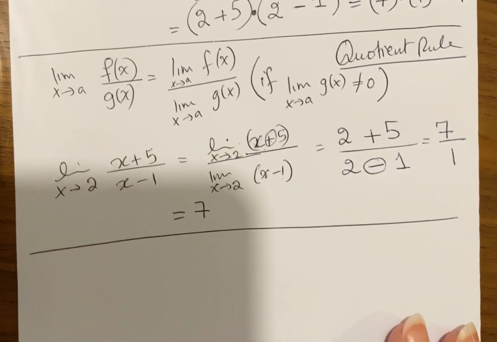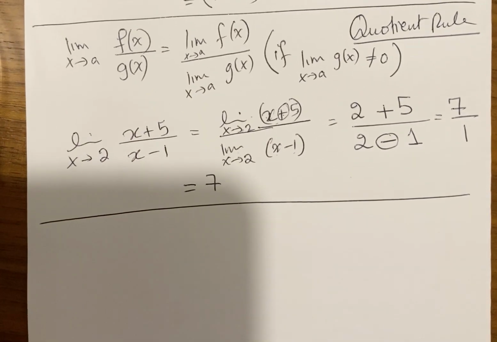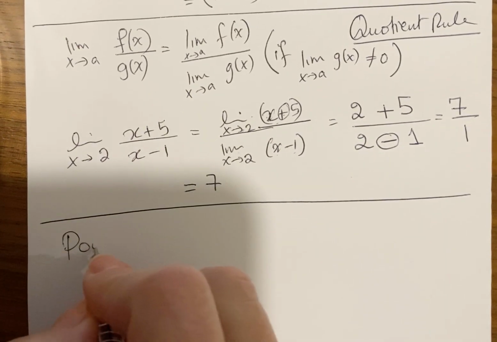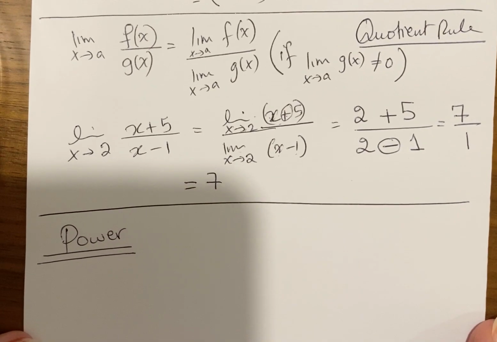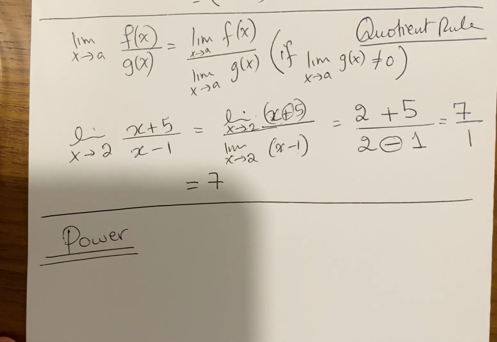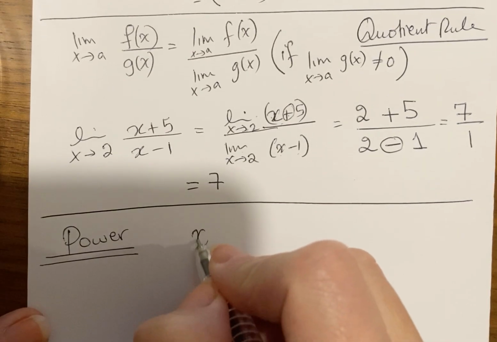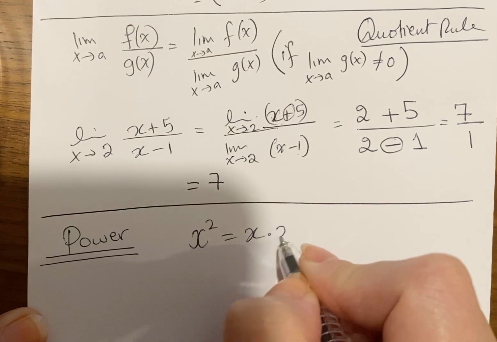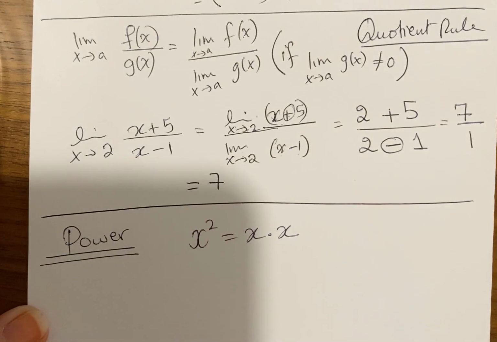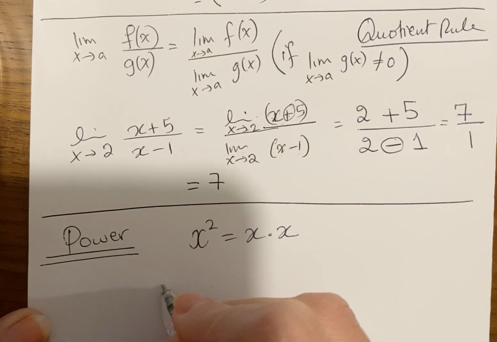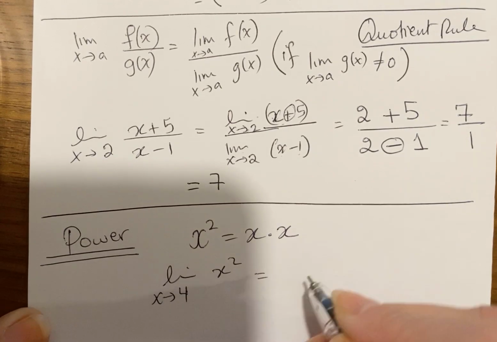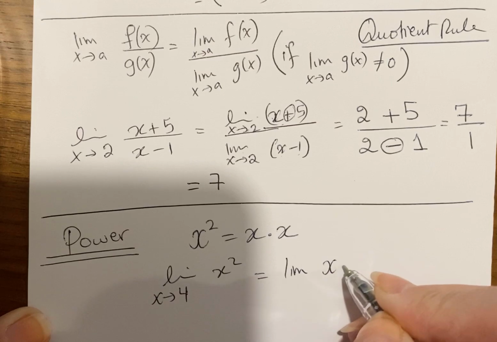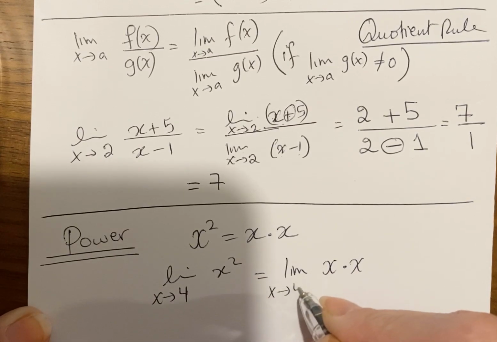This allows me to generalize. What do I mean by generalize? I mean now this allows us to talk about powers. See, what are powers? Powers are repeated multiplication. So for example, what is x squared? It's x times x. So if I want the limit of x squared as x approaches 4, this will be as if I'm doing the limit of x times x as x approaches 4.